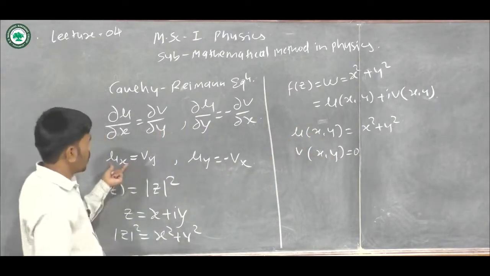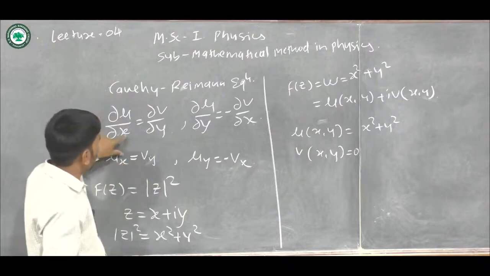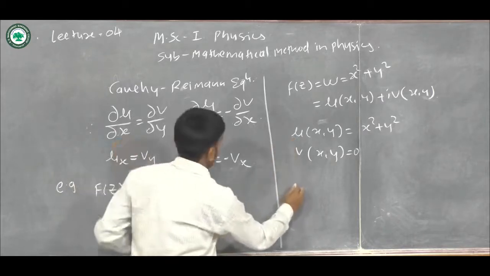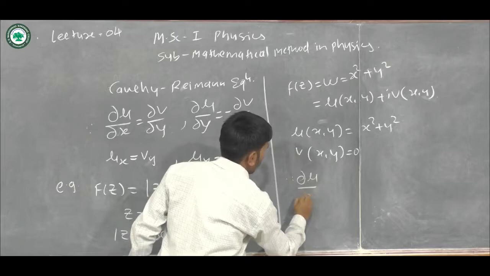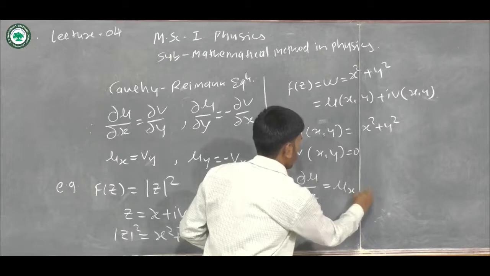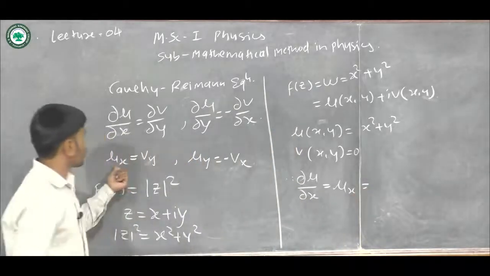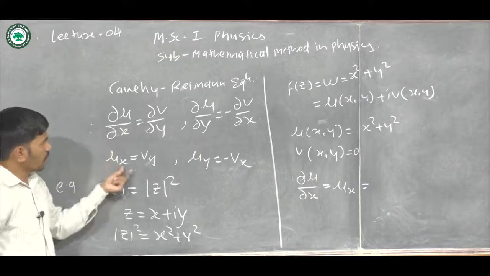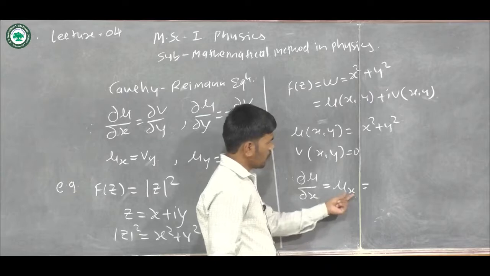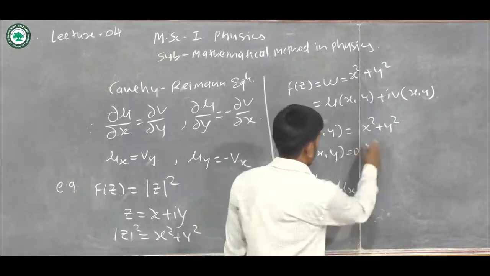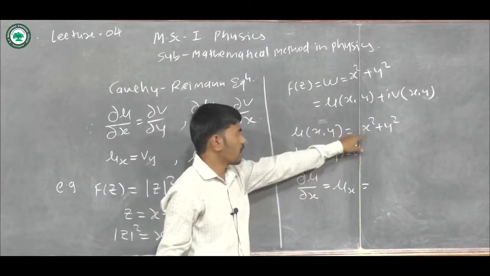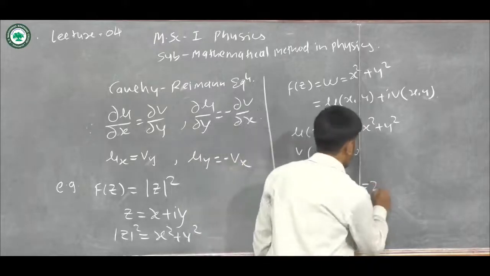If we differentiate u with respect to x, we get dou u by dou x, also written u subscript x, which is equal to 2x.